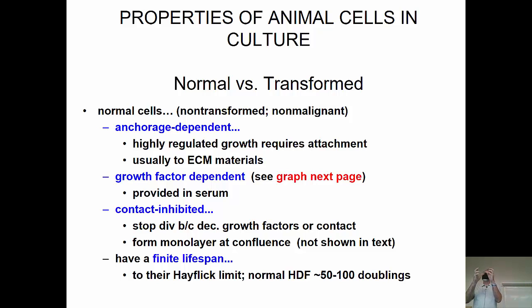So the cells grow bigger and they divide. And you need to provide these signals to normal cells because their reproduction, their growth and replication is very highly regulated. And so we have to add in these factors to do that.